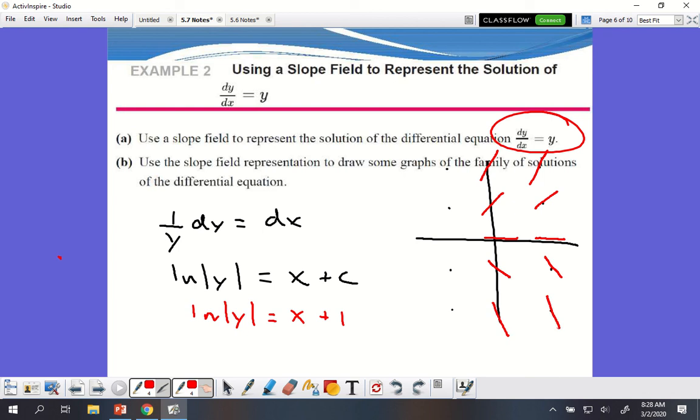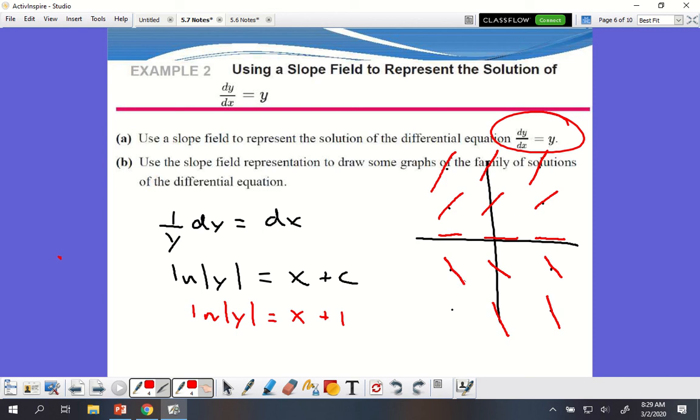Now let's back it up over here. Now, negative 1, 0. At negative 1, 1. Negative 1 and 2. Negative 1, negative 1.